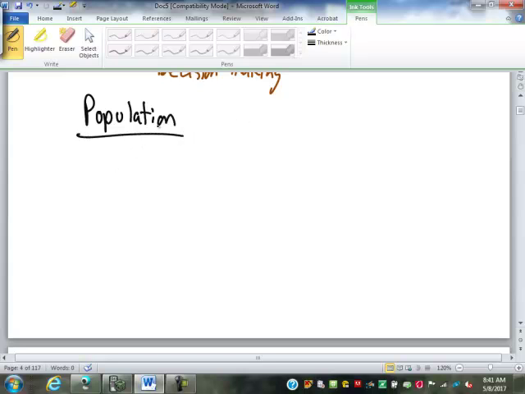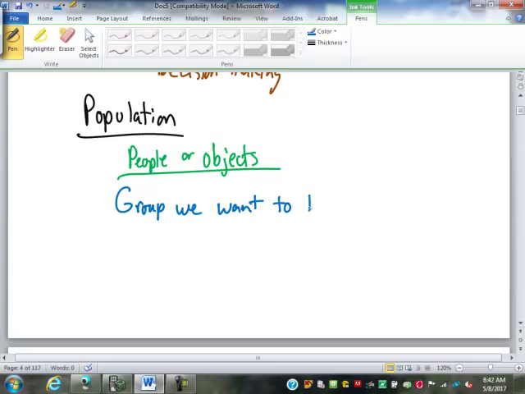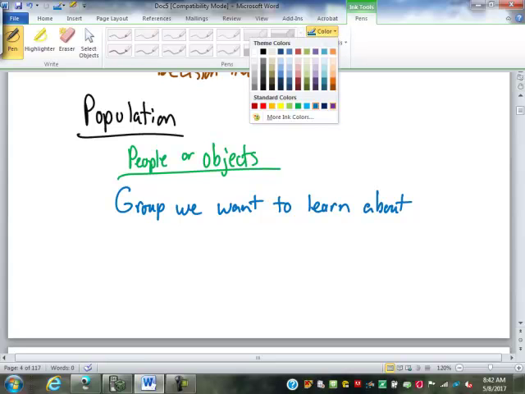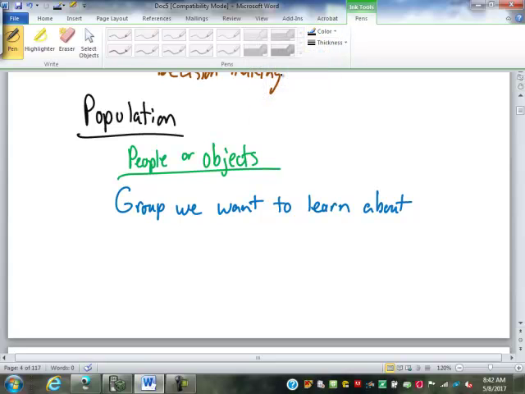A population can be people, or it can be objects, but it is the group that we want to learn about or make a decision about, one of the two. Something smaller than a population is called a sample. A sample is a smaller group chosen from the population.